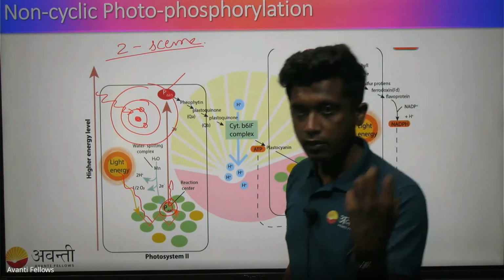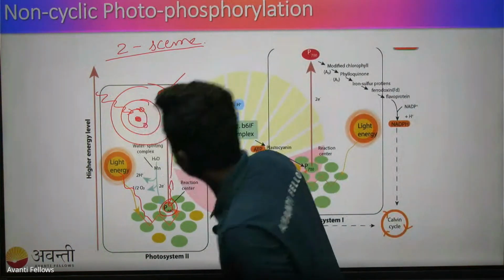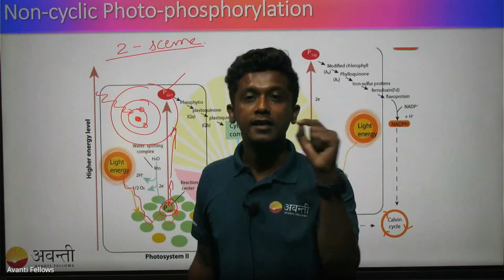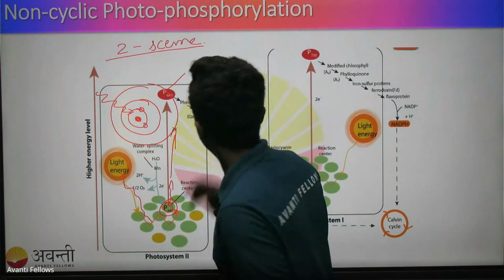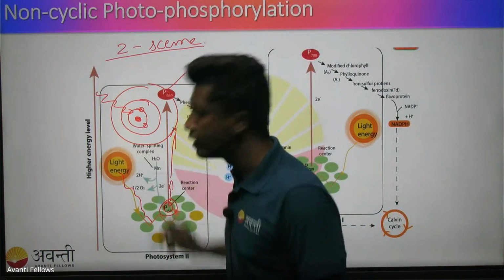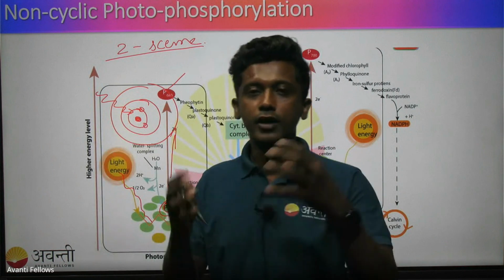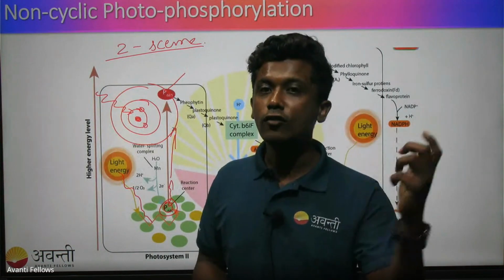These excited electrons are transported through a series of electron acceptors. Let me tell you in simple terms. The light energy is utilized by these chlorophyll pigments. It's a very natural reaction. What kind of light energy do we require?